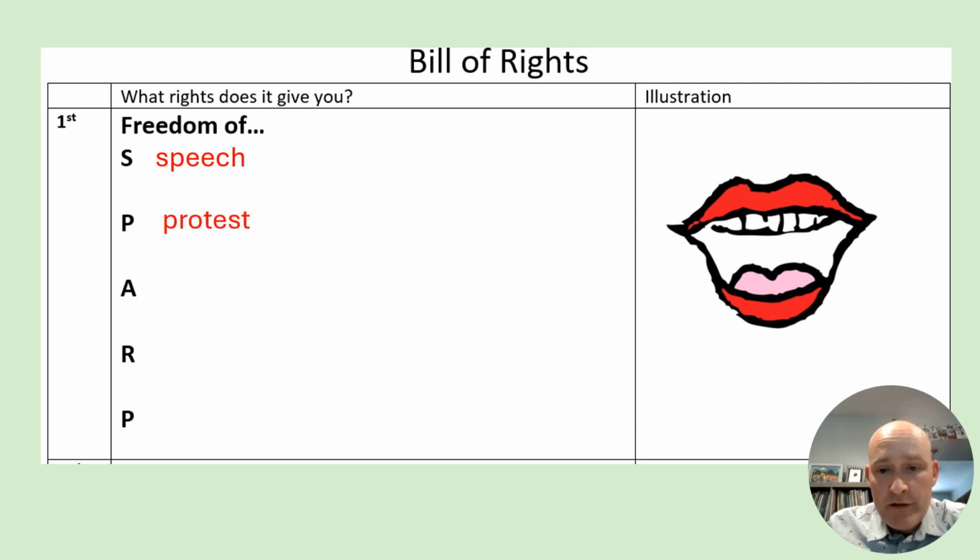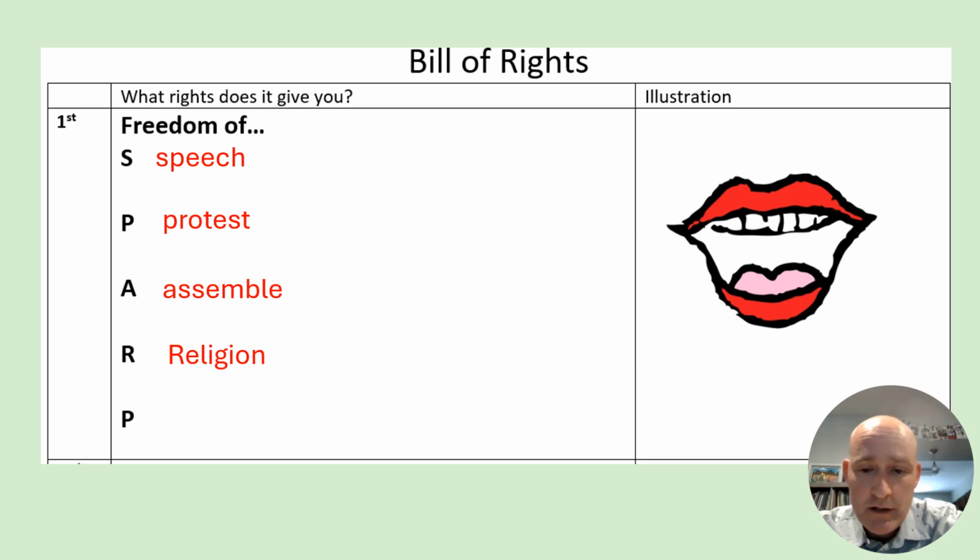Another thing is you're allowed to protest. So whatever you're going against, you can argue and protest. You can say what you want as long as it doesn't hurt anybody. You can assemble, meaning people can gather in your home or in public places and get together and talk about what they want to change.